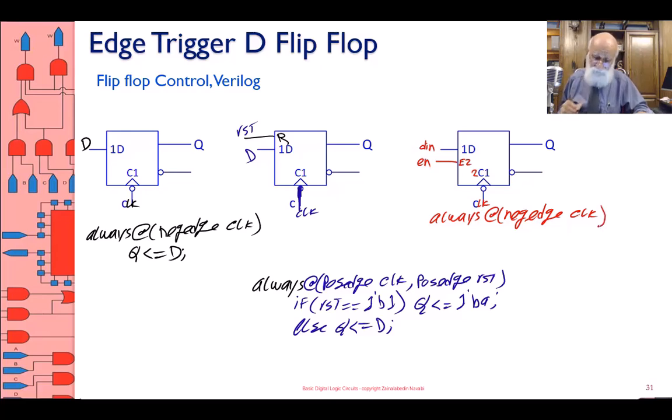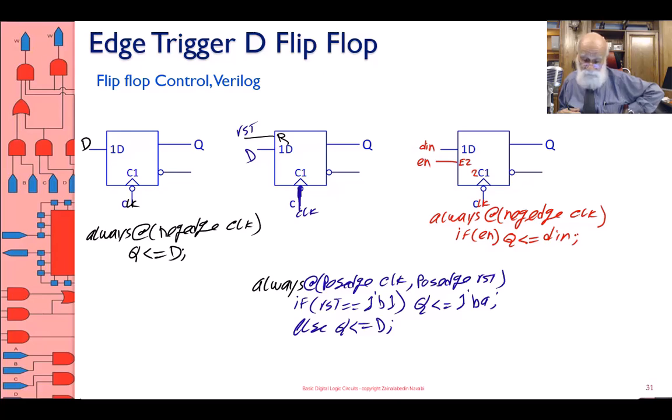This is positive edge. If enable, then Q gets D in. Otherwise, nothing. Okay? Otherwise, nothing.